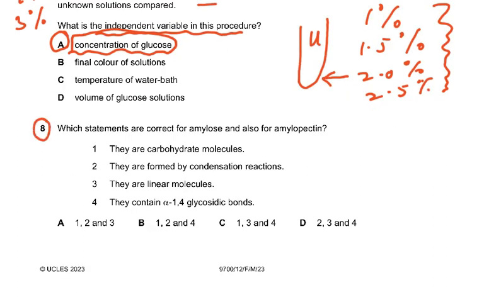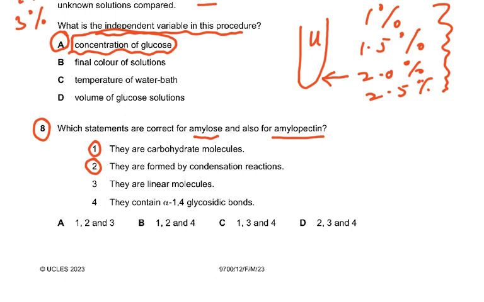Then coming to question number 8, which statements are correct for amylose and amylopectin? Now, you have to know the structure of amylose and amylopectin. Amylose is 1,4, amylopectin is 1,4 and 1,6. Is branched. They are carbohydrate molecules, yes, correct. They are formed by condensation reactions, yes. When the bond forms, then the water exits.